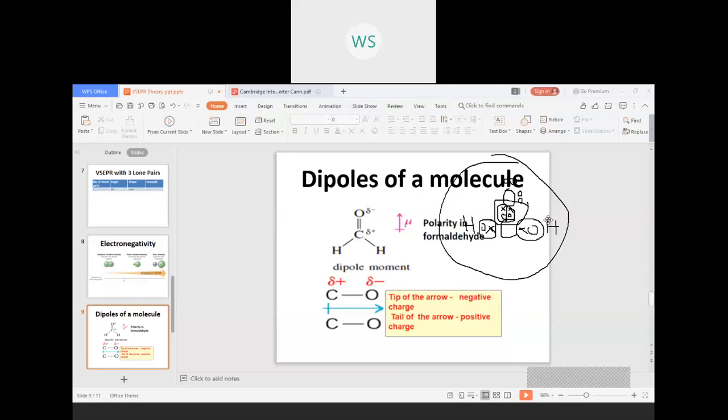There is an overlap between the s orbital of hydrogen and a p orbital of the carbon, and also here an overlap between the s orbital of hydrogen and one p orbital of the carbon. Because it has three bond pairs and zero lone pairs, the shape of this molecule is trigonal planar.